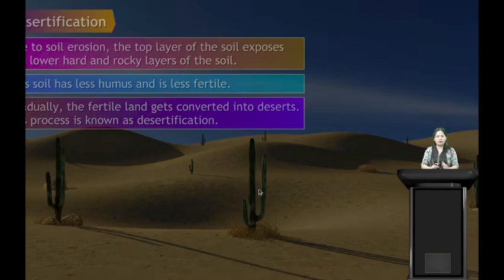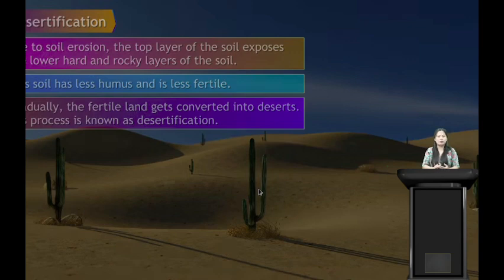If the top layer of the soil, that is the fertile layer, is washed away, then the fertility of the land in that area will decrease. If the soil is not fertile, the plants or the trees will not be able to survive there.